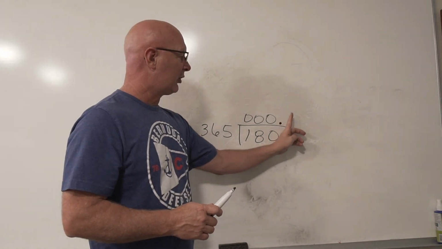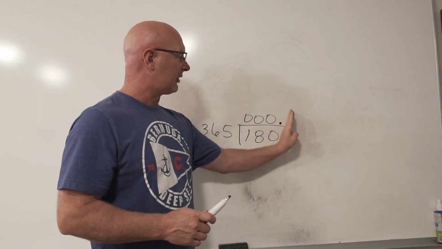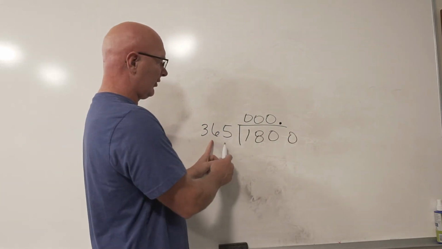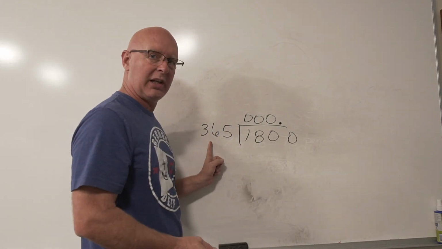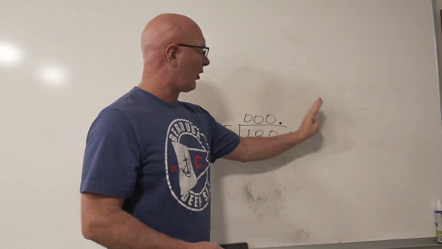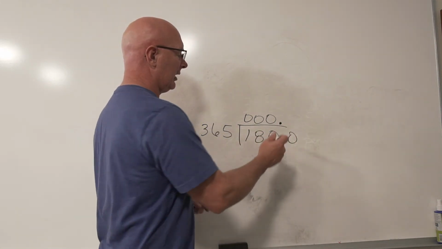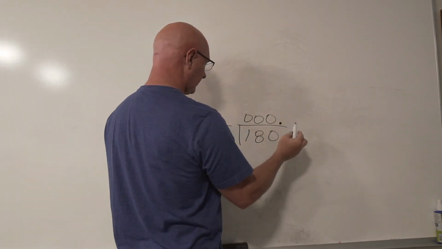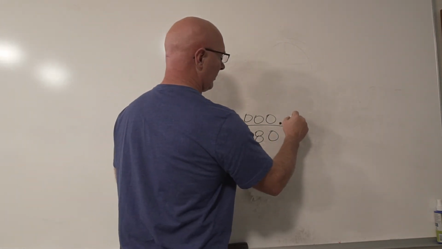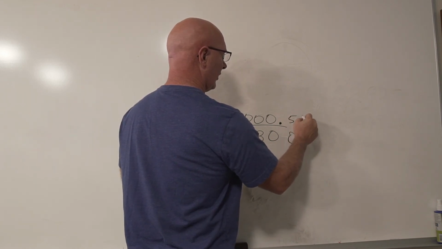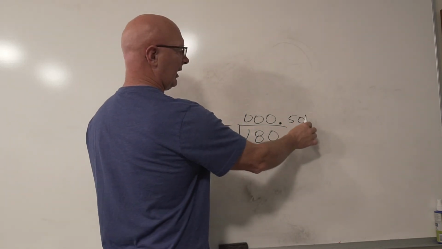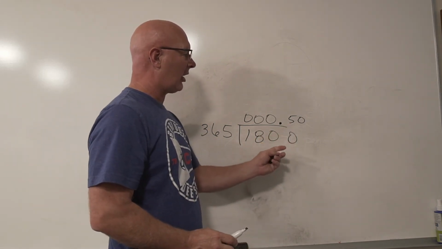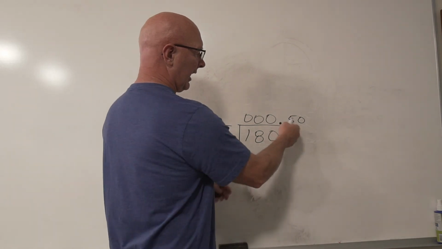And so as I start writing those numbers to figure out how many times, because 365 will go into 1,800, I'm not going to work this whole problem, but let's say that it ends up being 50%. As I start writing these numbers out here, this is telling me how many pennies I'm going to have out of that dollar, and therefore that's my percentage.